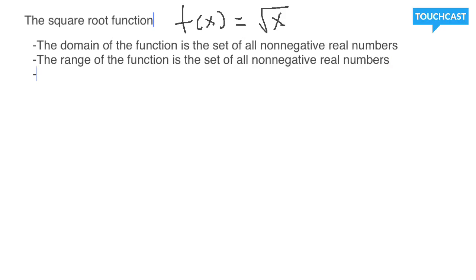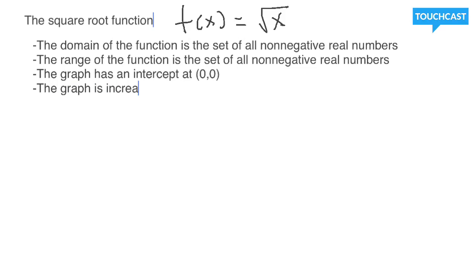Another characteristic is that the graph has an intercept at the origin at 0, 0. And finally, the graph is increasing from 0 to infinity.